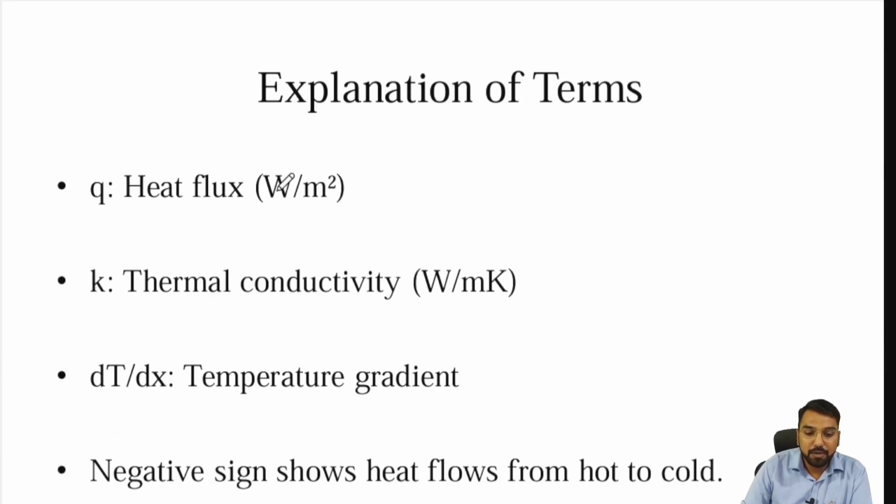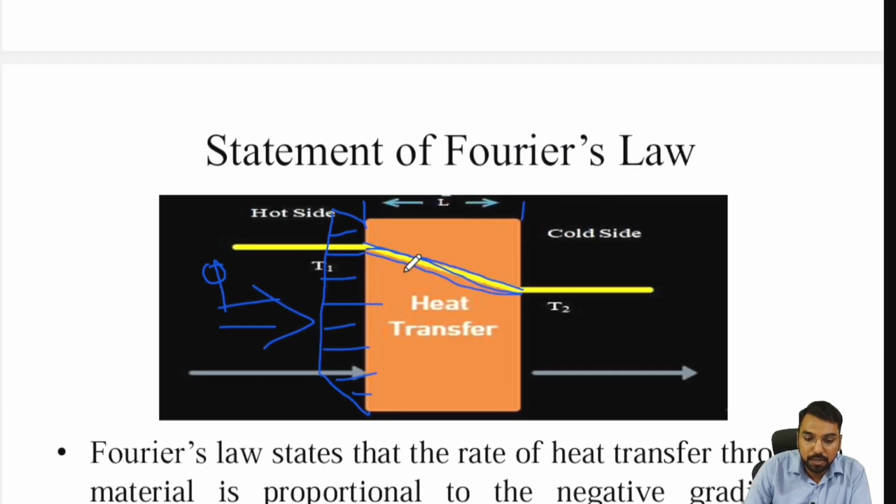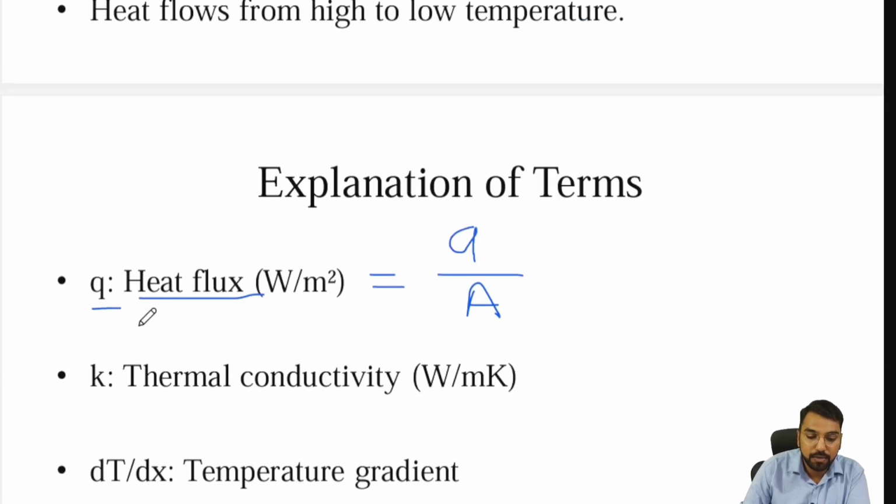Now the explanation of terms. Q is the heat flux, which is Q divided by area. Here Q is the heat transfer, and the area, as I just explained, is the area of the block, if we think of it in three dimensions, through which the heat transfer occurs. The heat flux unit is watt per meter square.